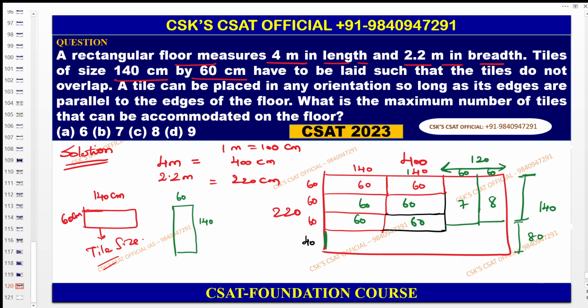Okay, fine. 80 is left out. Then what will happen here? You people tell me. This is only 40. Here 80 is there. Can you arrange the 60 format here?